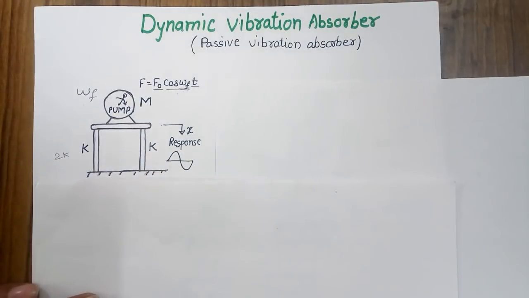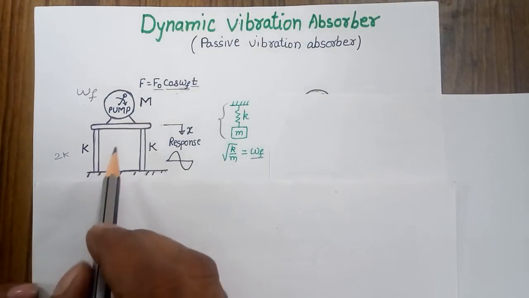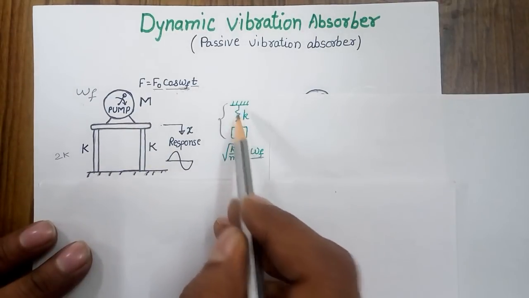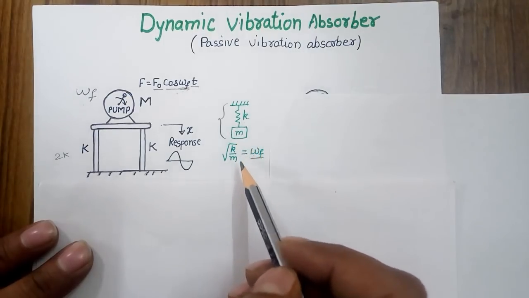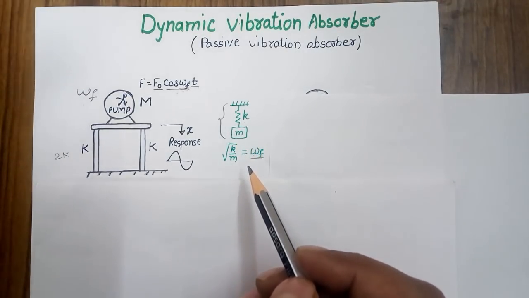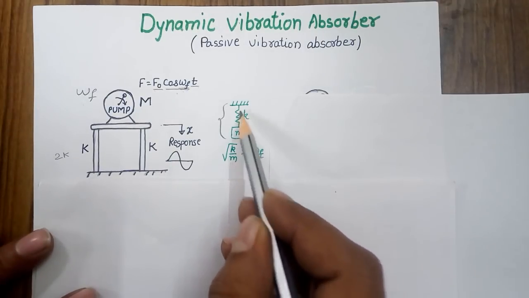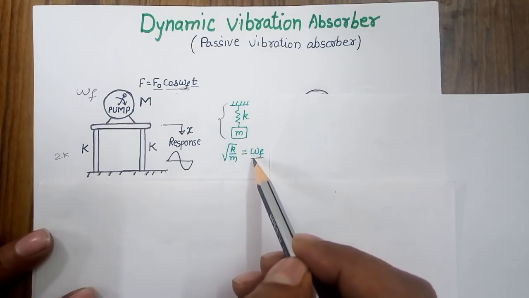philosophy of vibration absorber is that we have to add an additional spring mass system on our parent system. So now let's assume a secondary spring mass system of stiffness K and mass M, and the basic requirement for the vibration absorber is that the natural frequency of the vibration absorber should equal the excitation frequency.